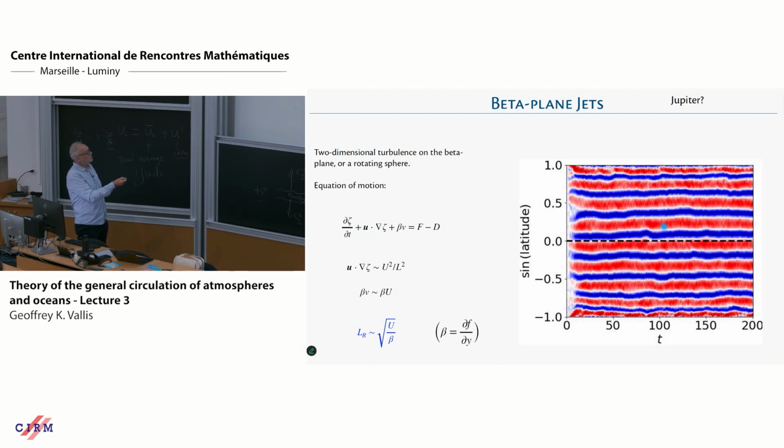On Jupiter, it's about a few thousand kilometers, but the radius of the planet is 60,000 kilometers. If you put in the numbers for Earth, this scale still ends up being a few thousand kilometers, but the planet's scale is only a few thousand kilometers, so you can only get one jet on Earth. So that's why Jupiter is different from Earth, apart from the fact that it's made of hydrogen.